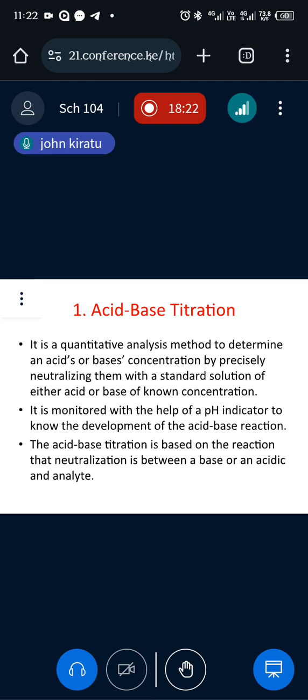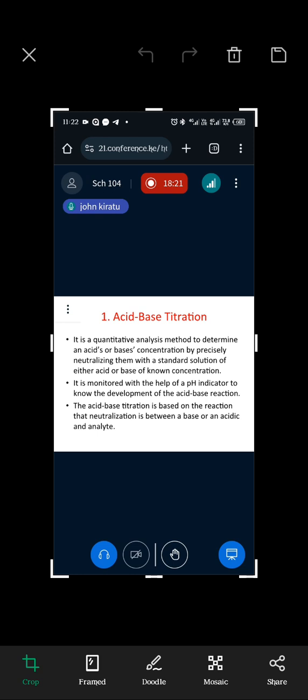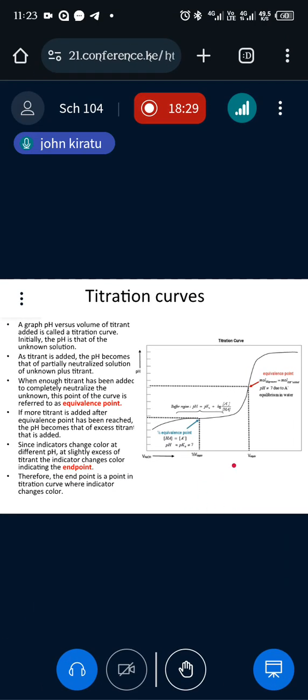Now, whenever you have acid-base titration, when we talk about a titration curve, take note of this. Whenever you are doing titration, you usually have a curve whereby we have pH and the volume of the titrant.